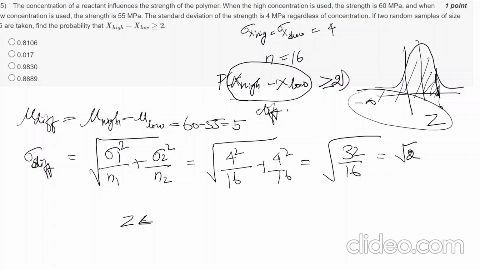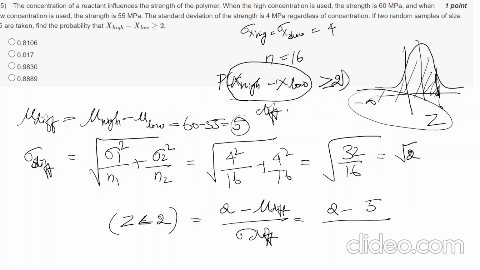Z less than or equal to 2 is given by (2 minus mu difference) divided by sigma difference. 2 minus mu difference is 5, then sigma difference is root 2, so minus 3 by root 2.